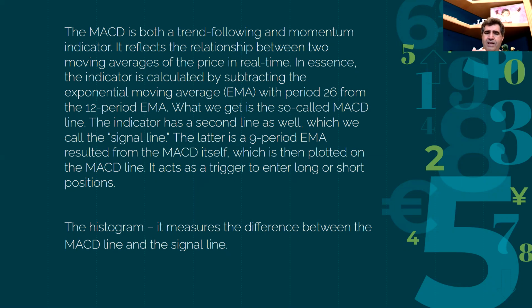What he has done, the first line that he uses, we call it the signal line, looks at the difference between the 26-day moving average and the 12-day moving average. It looks at the difference of these two exponential moving averages. So that's the first line. The second line looks at the 9-period moving average of these differences, and we call it the MACD line.